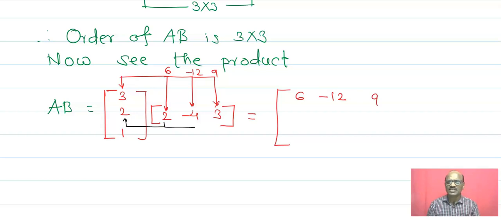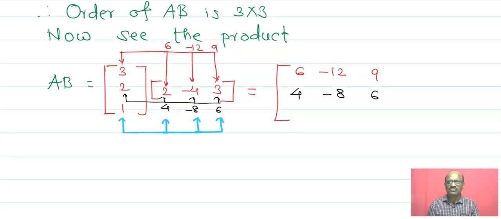Now see this. My next number 2 is multiplied with 2, minus 4 and 3. 2 into 2 is 4, 2 into minus 4 is minus 8, and 2 into 3 is 6. Therefore 4, minus 8 and 6. And 1 will multiply again the elements 2, minus 4 and 3.